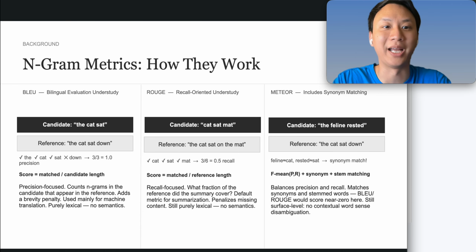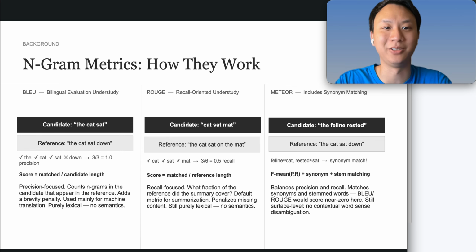And so for n-gram metrics, we have these three here. We have BLEU, which is a precision metric in which it is looking at your candidate response against the reference answer key. And what it's doing here is trying to see how many words from your candidate response actually match the answer key, right?